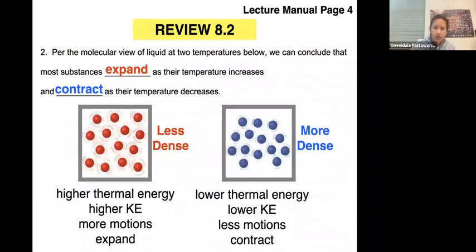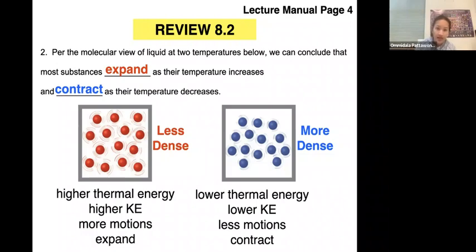Just recall from chapter 8.2 that we learned earlier. Whenever you see different temperatures, you will see that most substances expand as the temperature increases, and most substances contract as the temperature decreases. That is going to cause the density of matter to change as well.